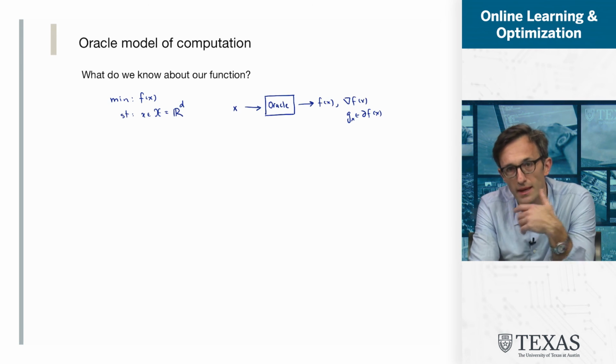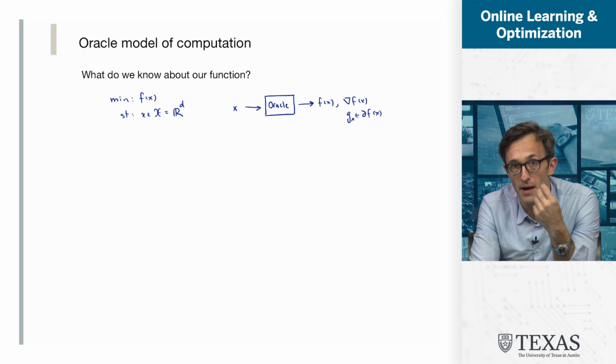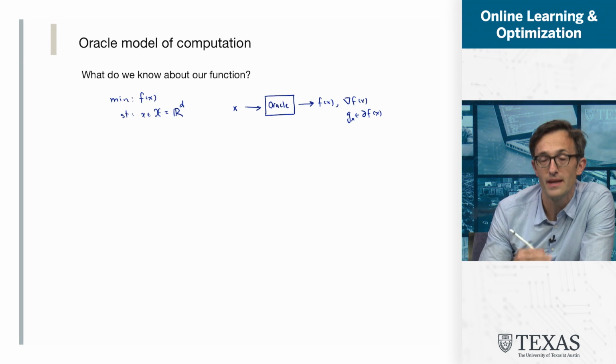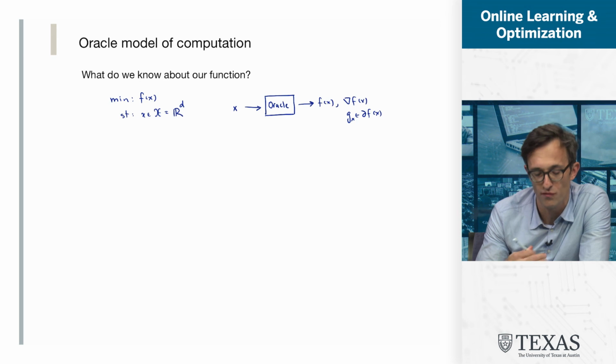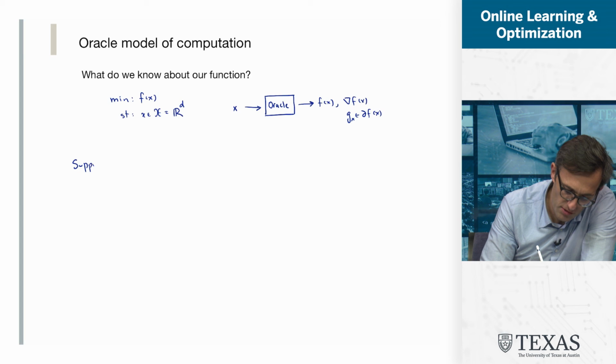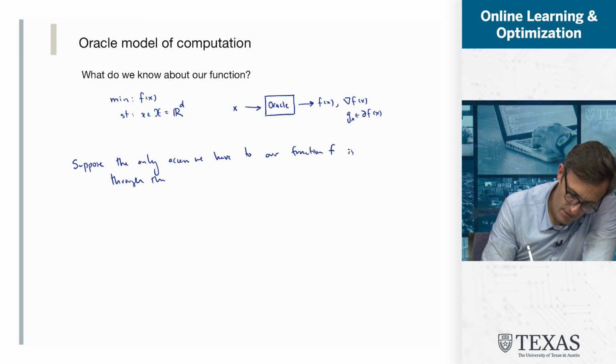Okay, so this gives us a way to make a little bit more precise what we mean by optimality and complexity. The question now becomes, let's consider only algorithms that can be cast as having access to our function only through this oracle. So suppose the only access we have to our function f is through the oracle.